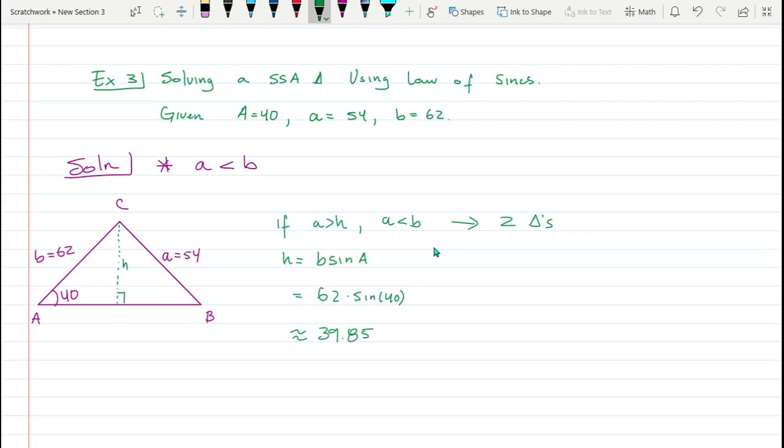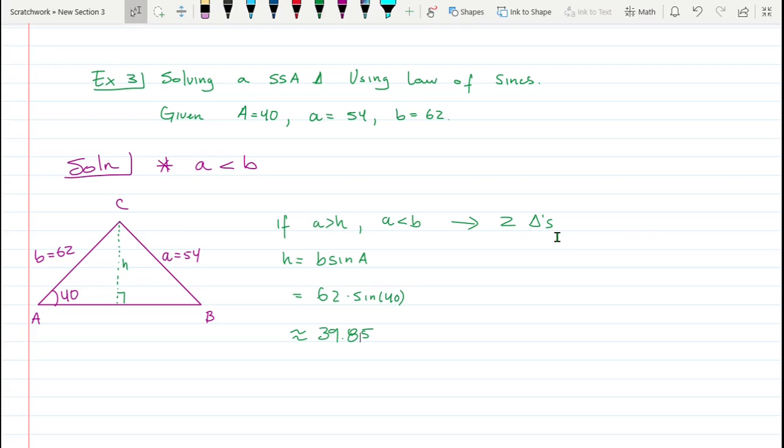Okay, so is A bigger than H? And the answer is yes. A is less than 62, or A is less than B, therefore we're going to have two triangles. Two separate triangles are possible given the information.